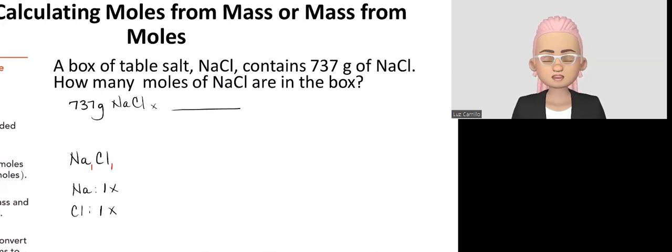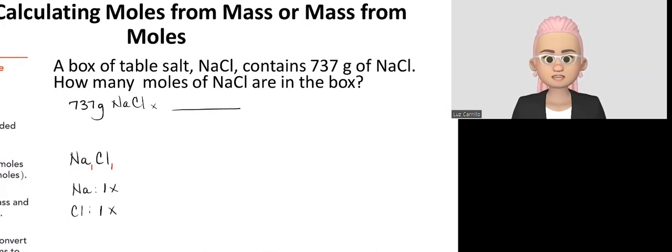Sodium, if I round it to 2 decimal places, and I'm just utilizing a simplified periodic table, but you should utilize all the numbers that are given in the periodic table that will be provided for you during examinations.